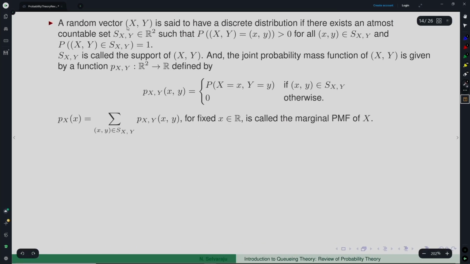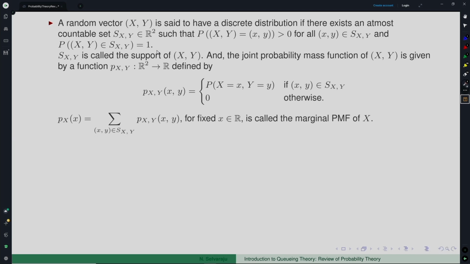Again, in the random vector case, we say that this random vector is discrete if there is a countable set of points (x, y) in R2 on which the probability is greater than 0 for all those points, such that the total sum is 1.